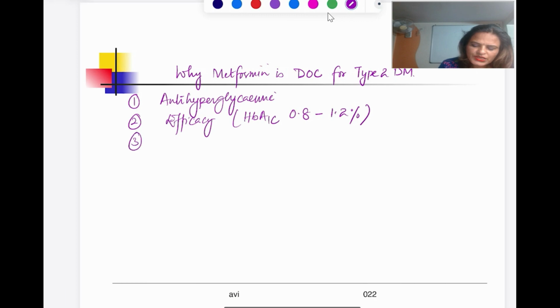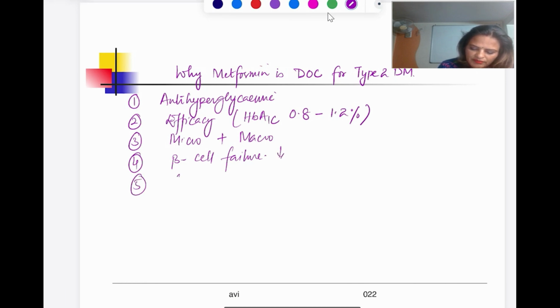Then it is going to take care of both microvascular as well as macrovascular complication. It is going to reverse that. Number 4, it is going to inhibit the beta cell failure. It is going to take care of the health of beta cell and inhibits its failure.